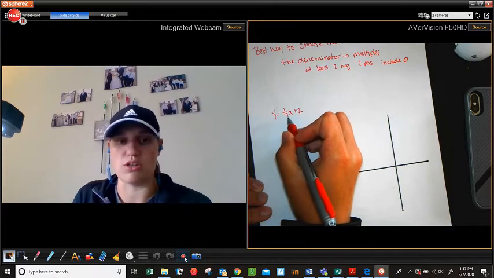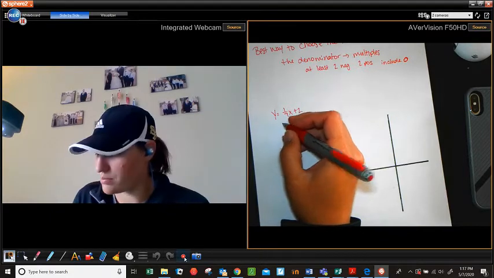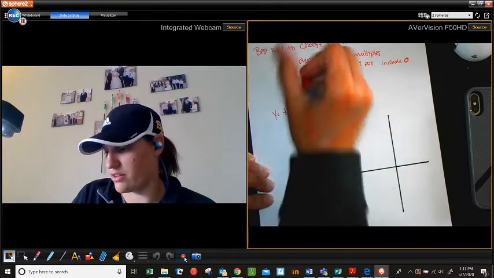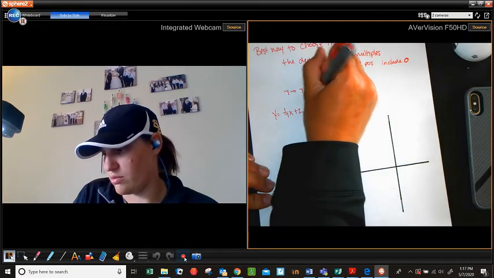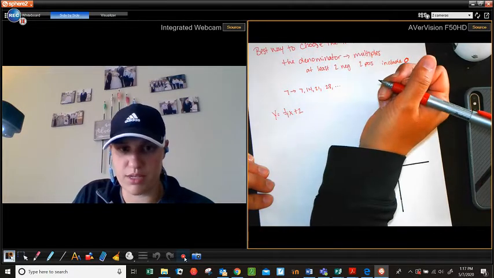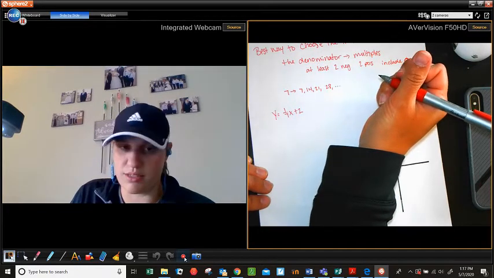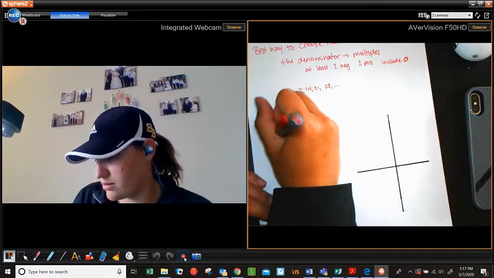So we're going to want to use multiples of 7 for our x values. So let's remind ourselves what the multiples of 7 are. 7, 14, 21, 28, and so on. But remember, we want 2 negative values and 2 positive values, so we want 0 in the middle still.